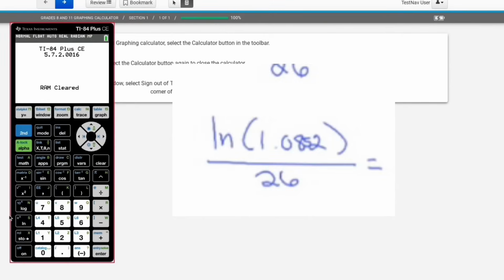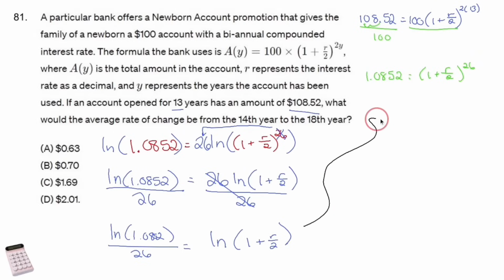All right, ln of 1.0852, close it, divided by 26. Enter is going to be 0.0031, blah, blah, blah, blah, blah. So I'm going to actually write out as many of those digits down when I go back and do the problem.